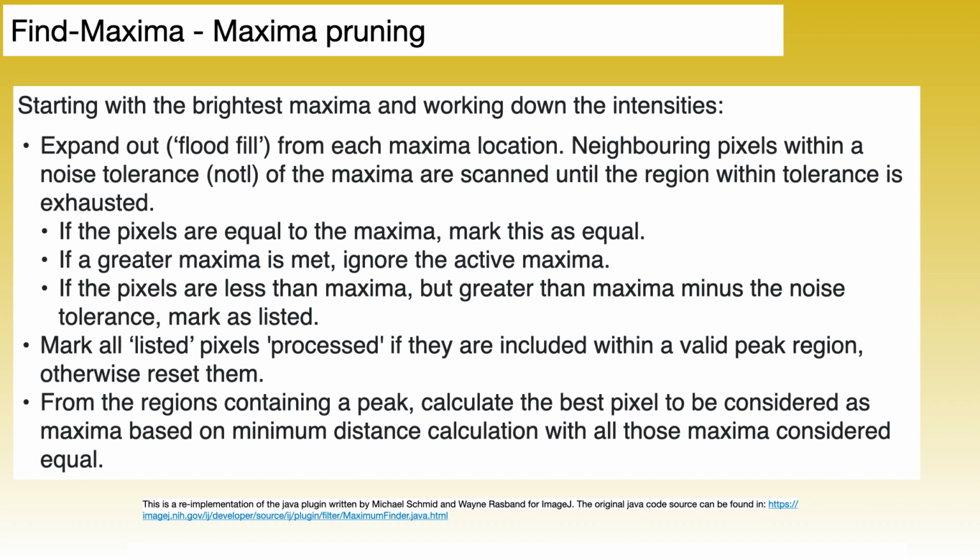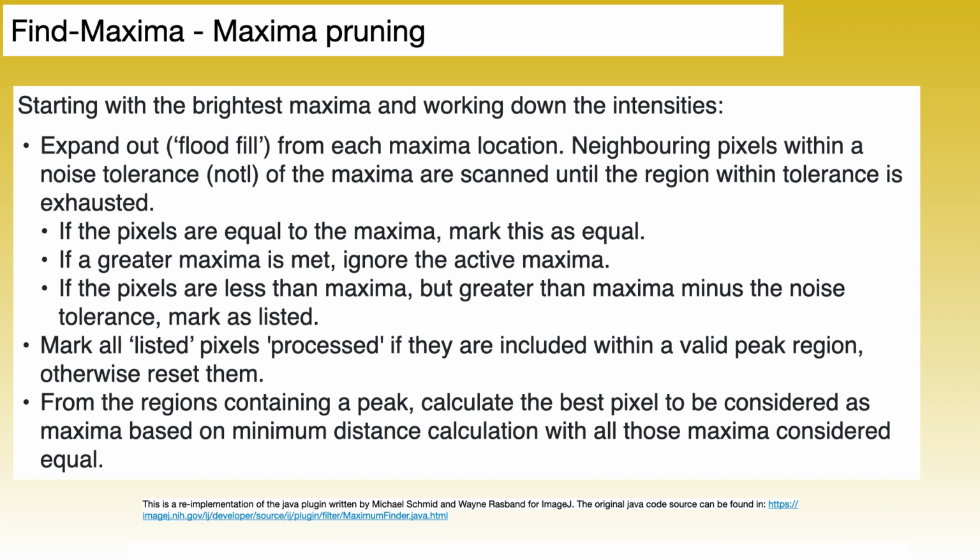And if the pixels are equal to the maximum, we mark them as equal. If a greater maxima is met, so as we're expanding out, if we enter a region that has been done before and we find it to be larger, then we ignore this active maxima, we cancel it out. If the pixels are less than the maxima but greater than the maximum minus the noise tolerance, so that would be 60 if our noise tolerance was 30 and our peak was 90, we mark it as listed.